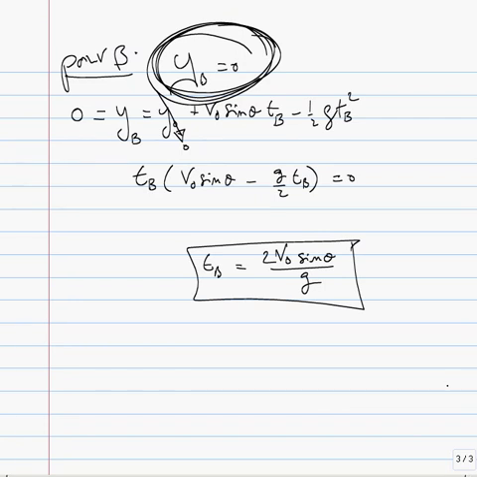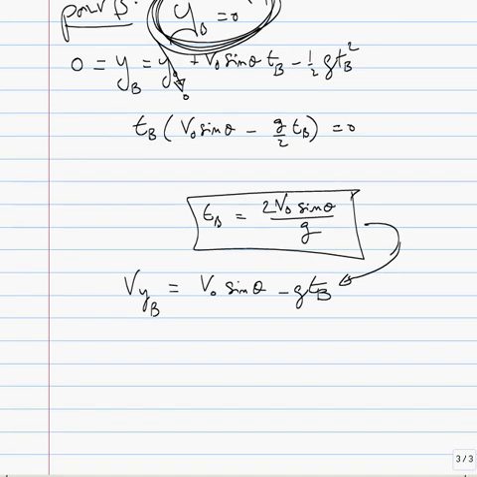We know the time. Let's figure out the velocity, Vy. So let's find an equation that involves Vy. Remember, Vy is V naught sine theta minus gt. So we can evaluate this at point B. The y component of the velocity at point B is equal to V naught times sine theta minus gt, and this t must be the time it took to reach B, which we just obtained.